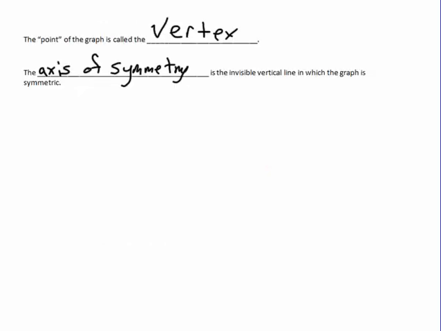And then the last thing there on your notes, the general form. The general form for any absolute value function is going to be f of x equals a times the absolute value of x minus h plus k.